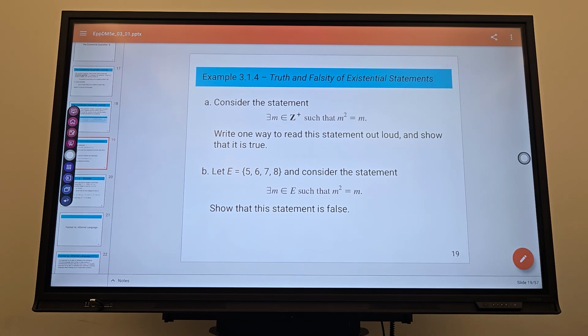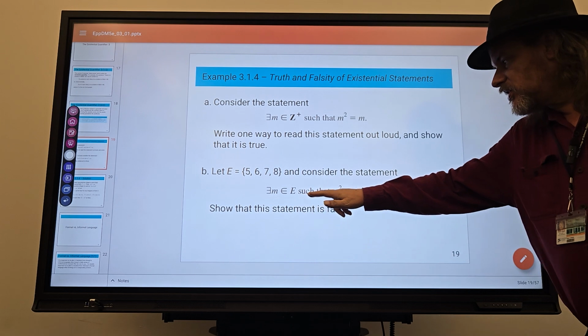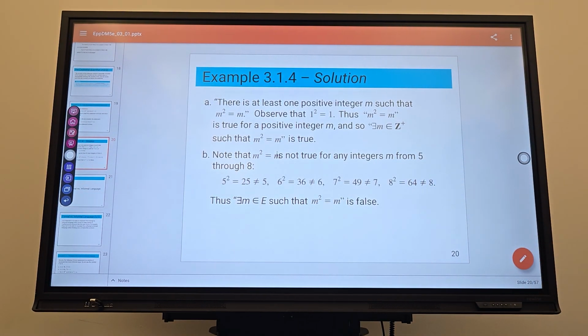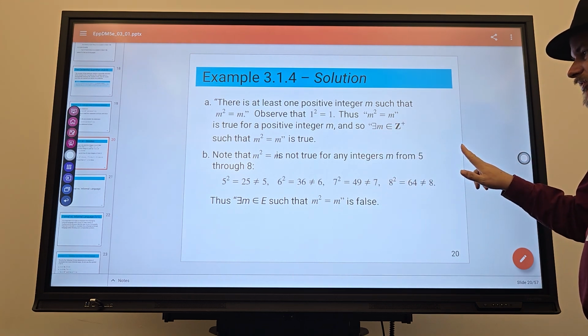Consider the same statement. The statement is false because it's not true for each individual element of E. To show that it's false, you would show that for each element in the set, this is not true, as we have here. So A is true and B is false.